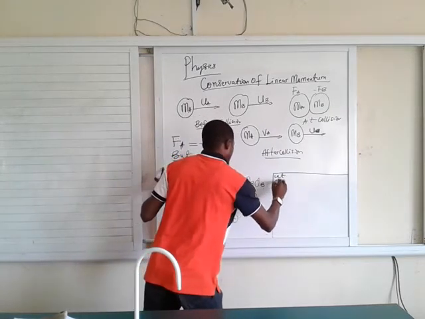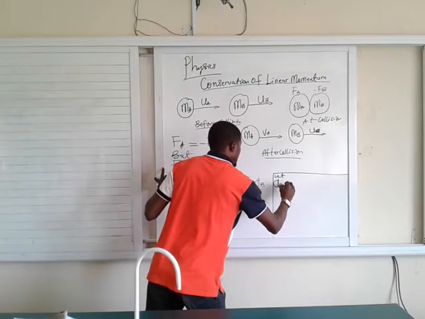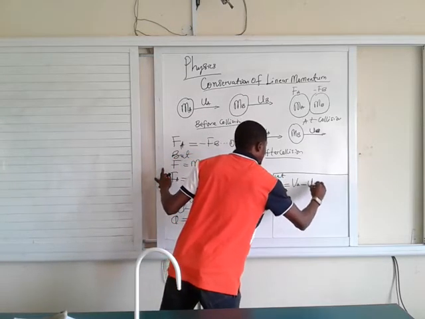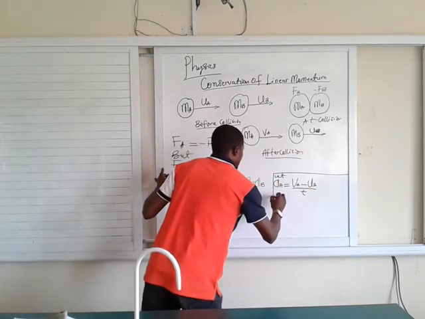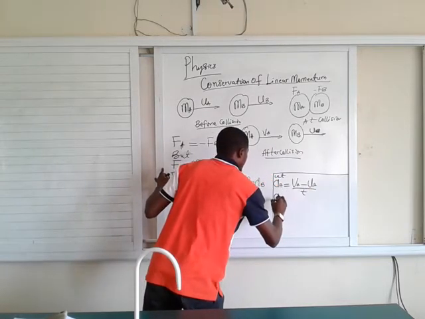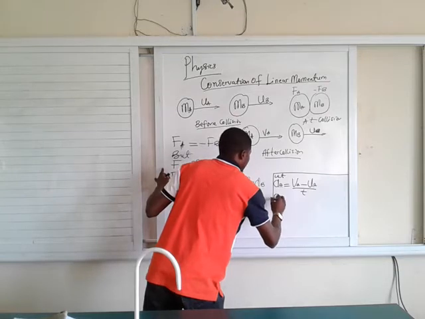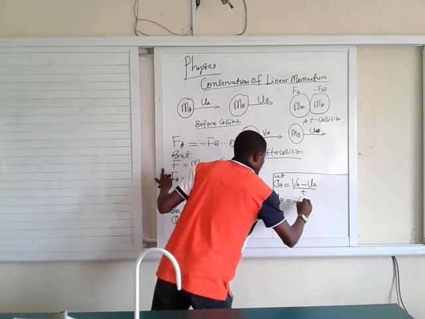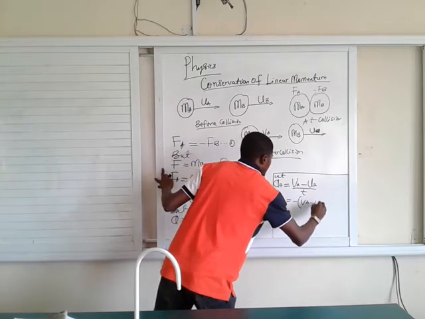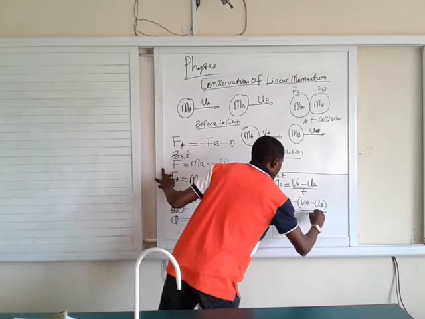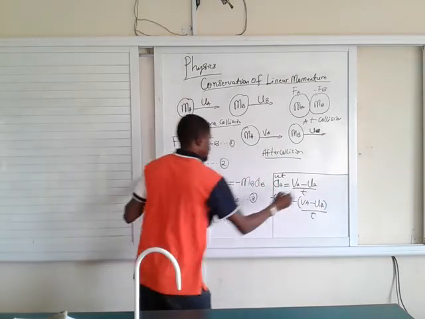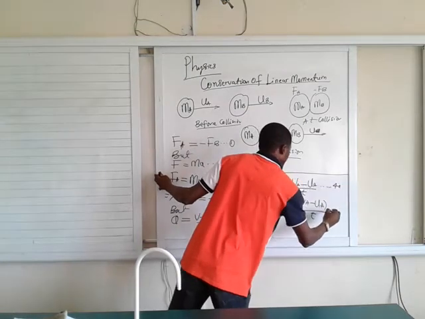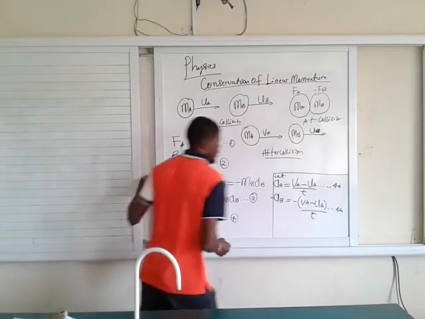Let capital A equals to VA minus UA all over T. And then let AB be equals to VB minus UB all over T. So we call this equation number 4A, equation 4B.